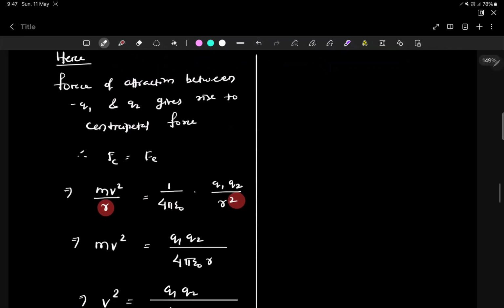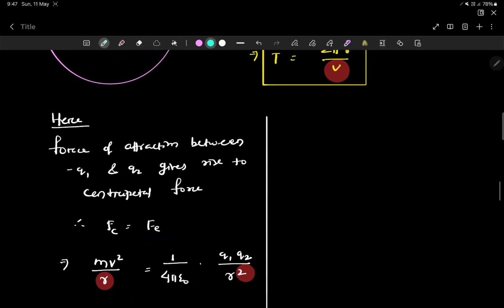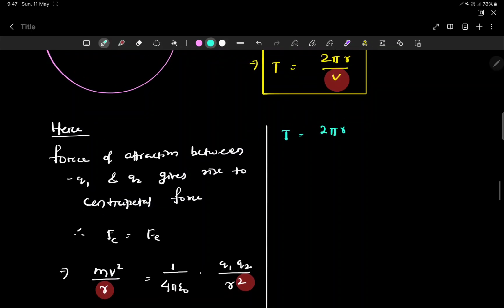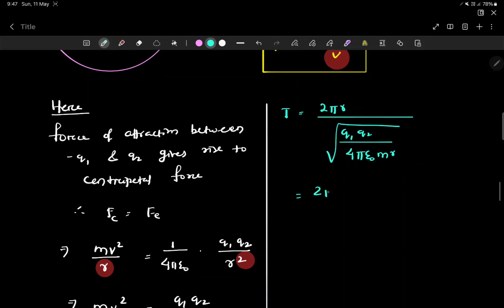Our time period T will be equal to 2 pi r divided by v, that is, 2 pi r divided by the whole root of q1 into q2 divided by 4 pi epsilon naught mr. This equals 2 pi r into the whole root of 4 pi epsilon naught mr divided by q1 into q2.